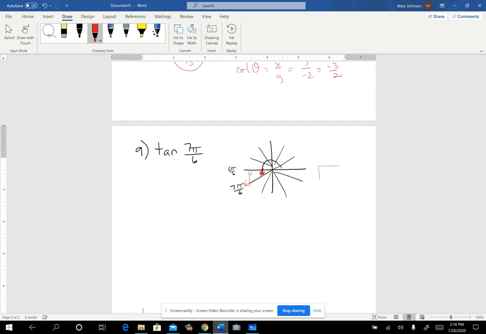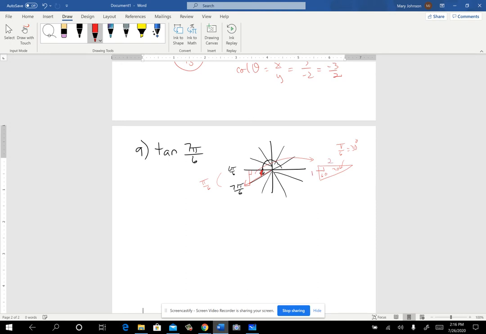When I do that, I'm blowing this up out here. This angle right here is pi over 6 past that, which is just 30 degrees. And so I know if this is 30 and this is 60, that I have a special right triangle.